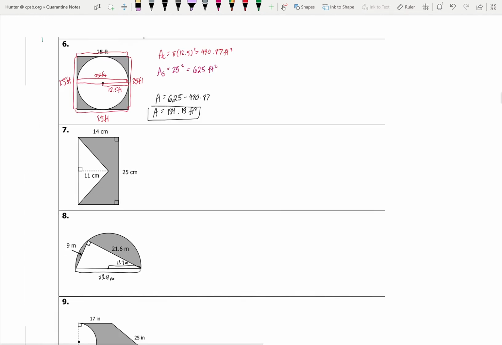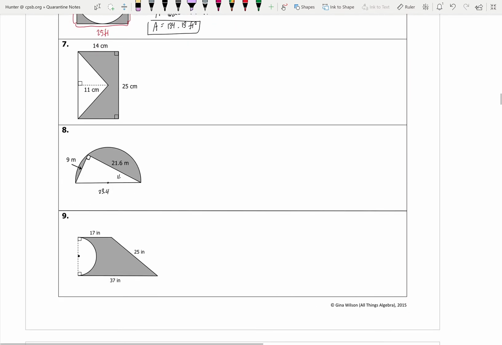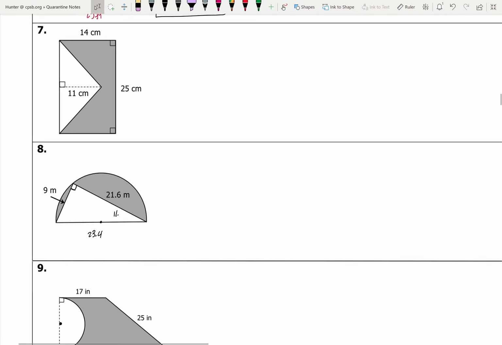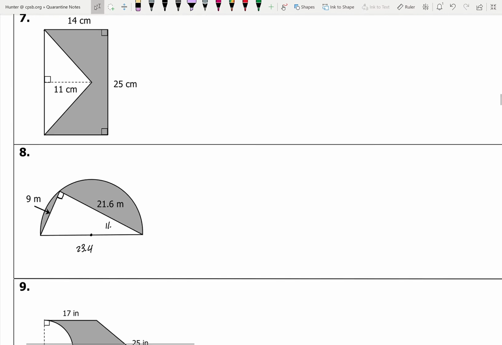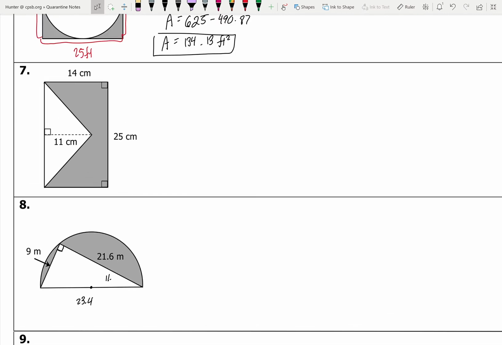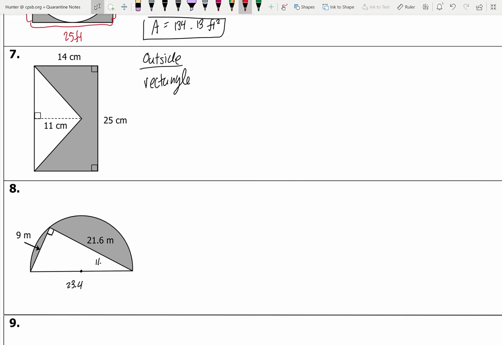Alright, let's see which one I want to do for you next. I'll do 7 and 8 for you, let's see. Number 7, our outside figure. This time, I'm going to go ahead and label what that is, outside. That is a rectangle. And then the hole on the inside is a triangle.